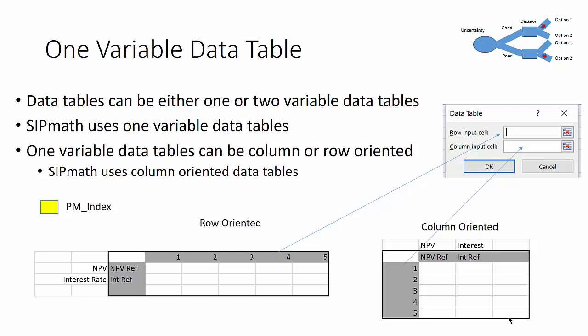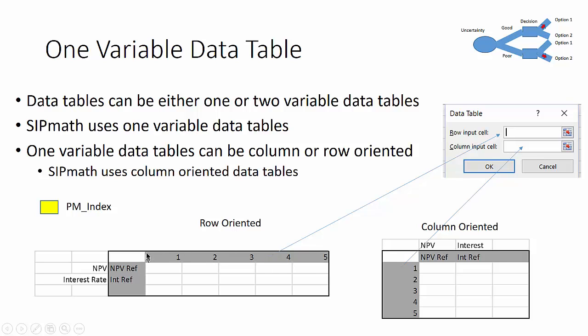First of all, we said we had this PM index. So let's assume we've defined a variable called PM index, and that's where that variable is going to go. In the row-oriented data table, the values that are going to go into PM index are along a row. So 1, 2, 3, 4, 5. This could be much longer, but let's assume it's only 5 long.